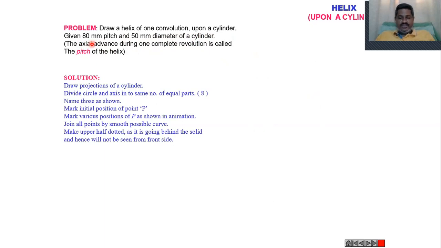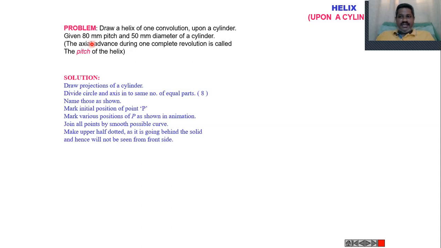In one revolution, the point is advancing 80 mm distance. That means the point is moving 80 mm distance along the axis of the cylinder.